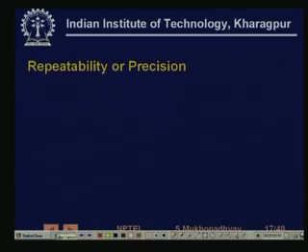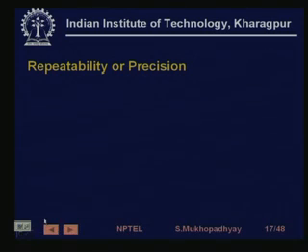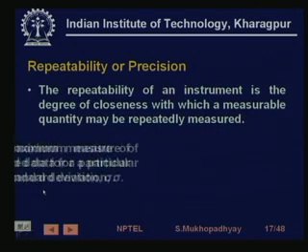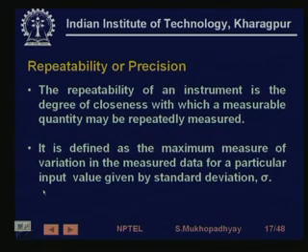It may not be exactly the same, but it should be nearly the same. When you take multiple readings and they are very close, then the instrument is said to be repeatable or precise. Repeatability of an instrument is the degree of closeness with which a measurable quantity may be repeatedly measured.